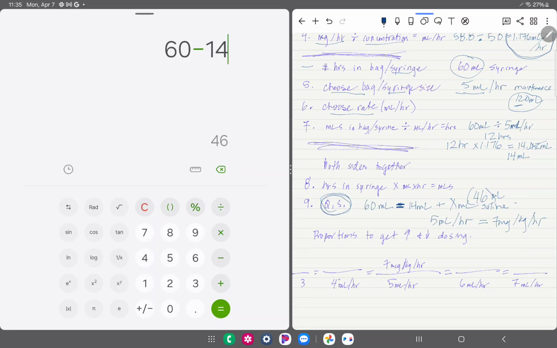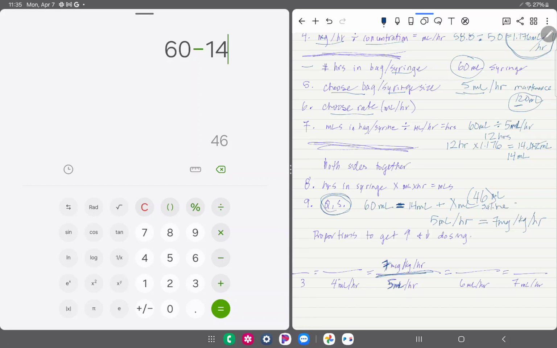Now, let's talk about those proportions again. If I needed it to run higher or lower, I can do that very easily, but you also have to record it. So what exactly am I running it at? Well, you already know that 7 mic per kg per hour is going to be the same as 5 mil per hour.